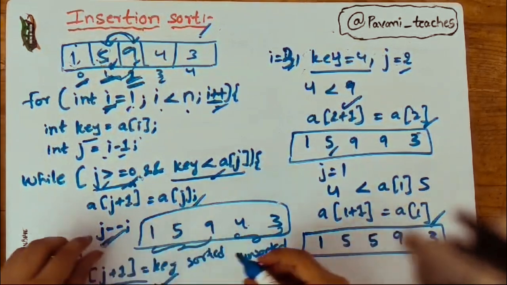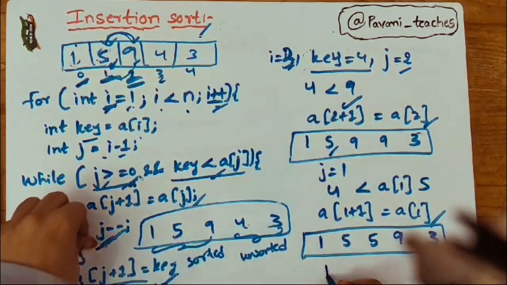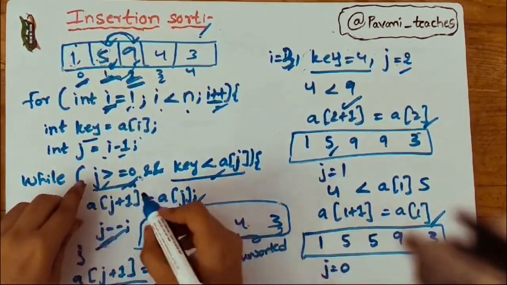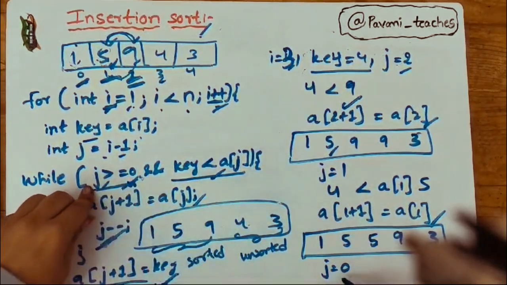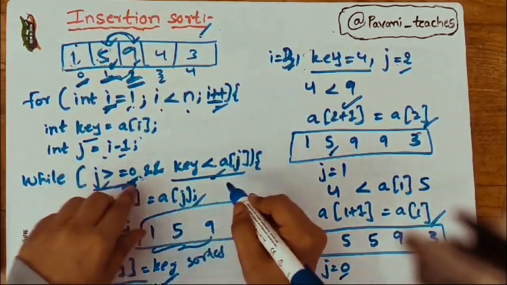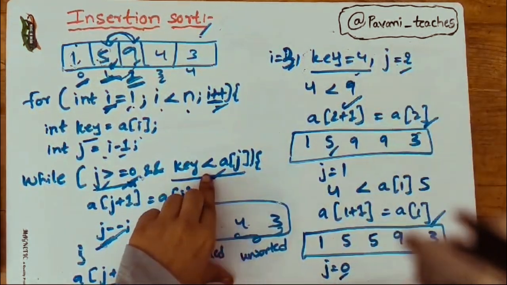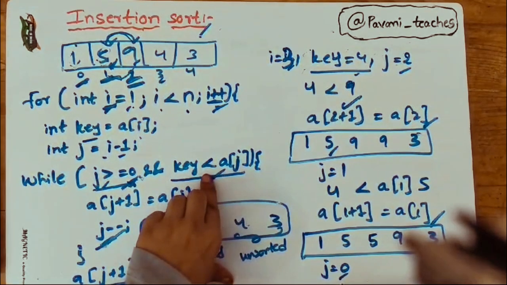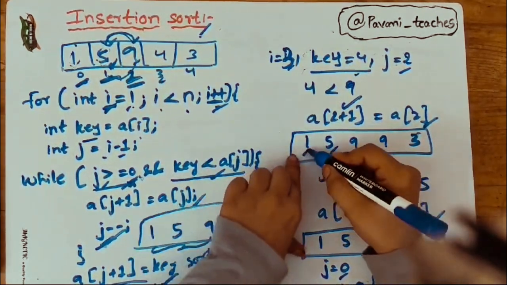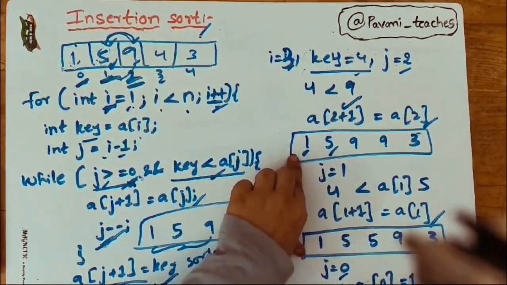After this, we have to decrement the value of j, which is j equal to 0. Again it will check this condition, as it is true, j is equal to 0. Now we have to check this condition, that is, key. The key value is 4. 4 is less than a of 0, here 1. So this condition is false.